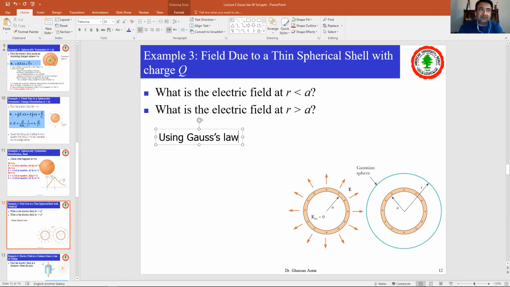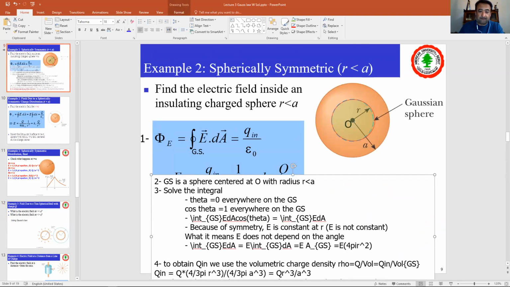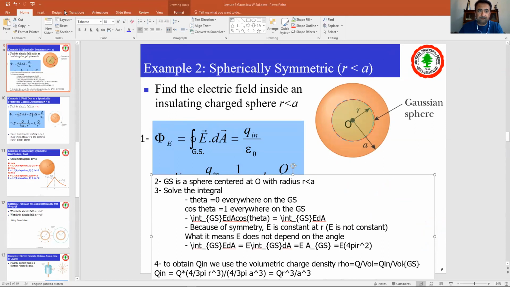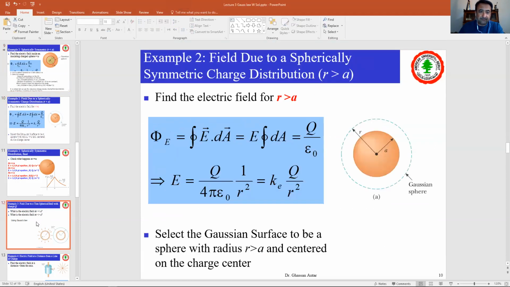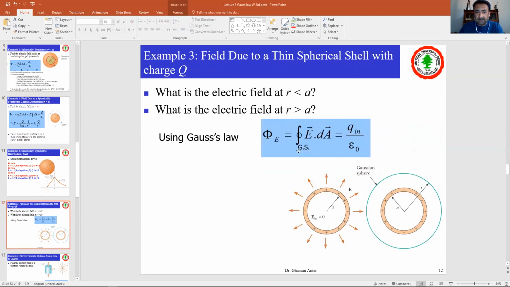It tells you the integral of E scalar dA over a Gaussian surface equals Q inside divided by epsilon 0.